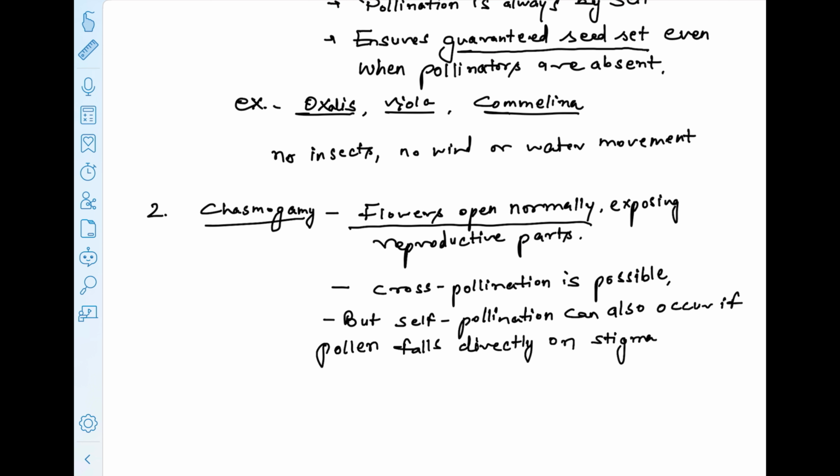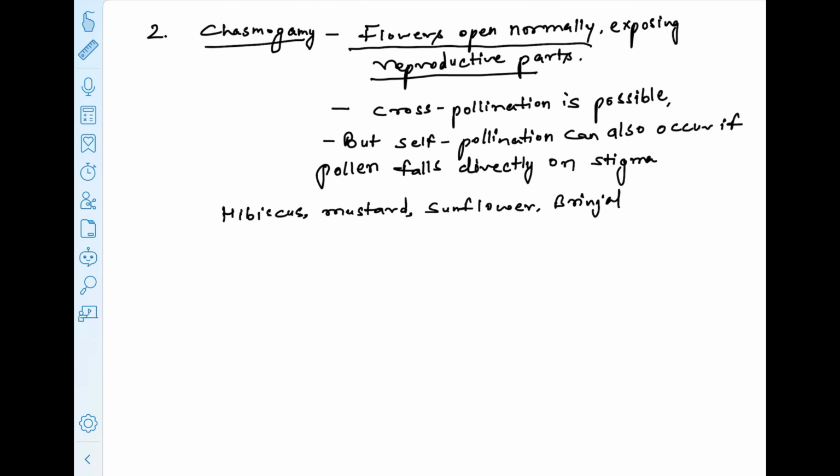Cross-pollination can be achieved with the help of pollinators, and self-pollination can occur if pollen falls directly on the stigma of the same flower of the same plant. Examples are hibiscus, mustard, sunflower, and brinjal.